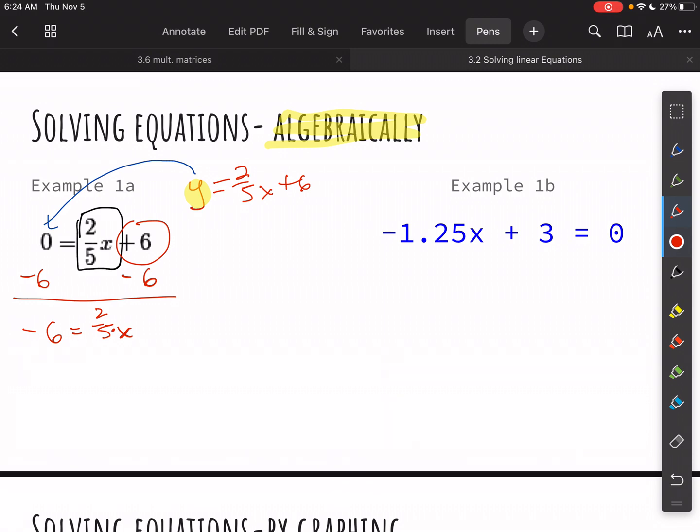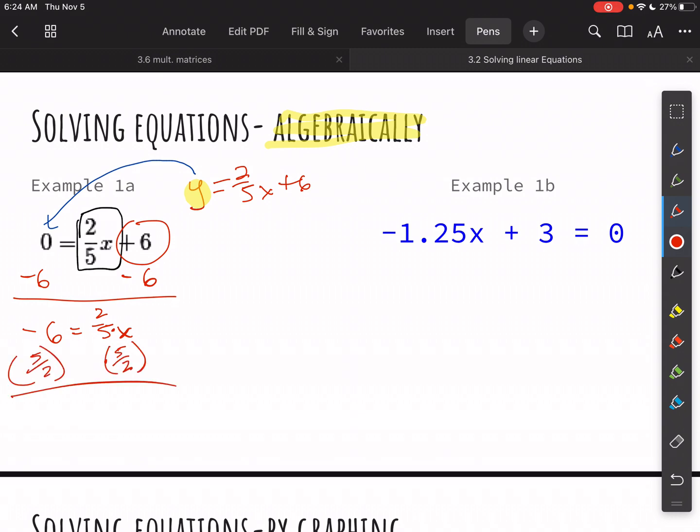But remember, dividing by 2/5, you're dividing by a fraction, is the same thing as flipping the fraction and multiplying. So I can take this fraction and multiply it by 5/2, and I'd be left with 1, right, which is what I want. So I'm going to multiply both sides by 5/2.